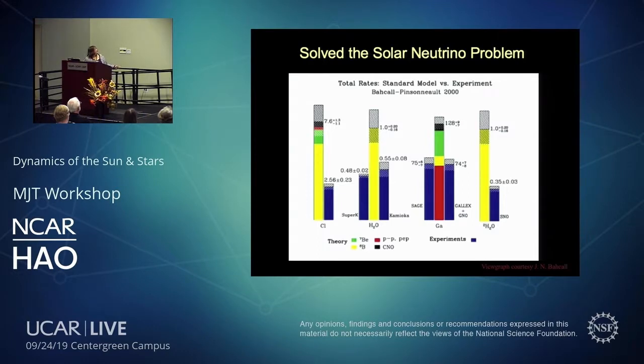So these yellow bars are predictions of solar neutrinos, predictions that would be the capture rates for different neutrino experiments. Like chlorine stands for the Homestake mine experiment, where the detector is basically chlorine. Similarly, this is heavy water. This is water, the Kamiokande and Super-Kamiokande, gallium, SAGE, and GALLEX.